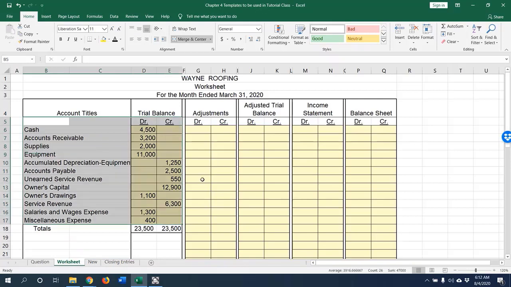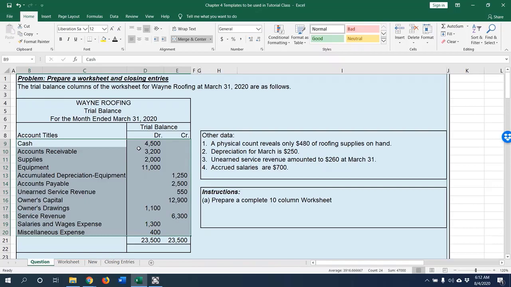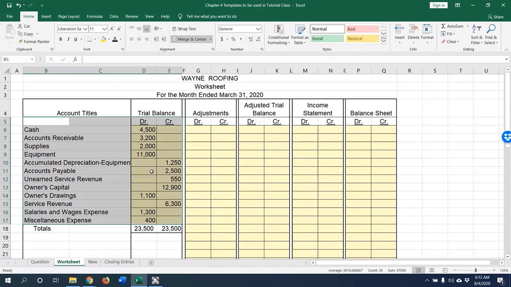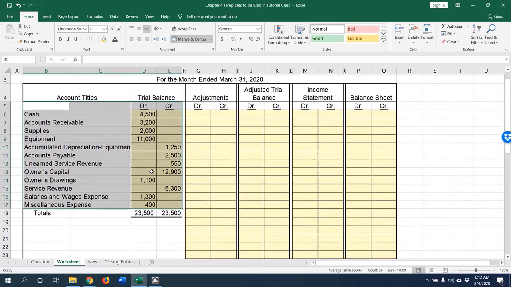You just have to input the values exactly the way they are given in the trial balance. This is actually the simplest step of all in the worksheet. So the first step is done. We have successfully inputted our values to the trial balance columns.